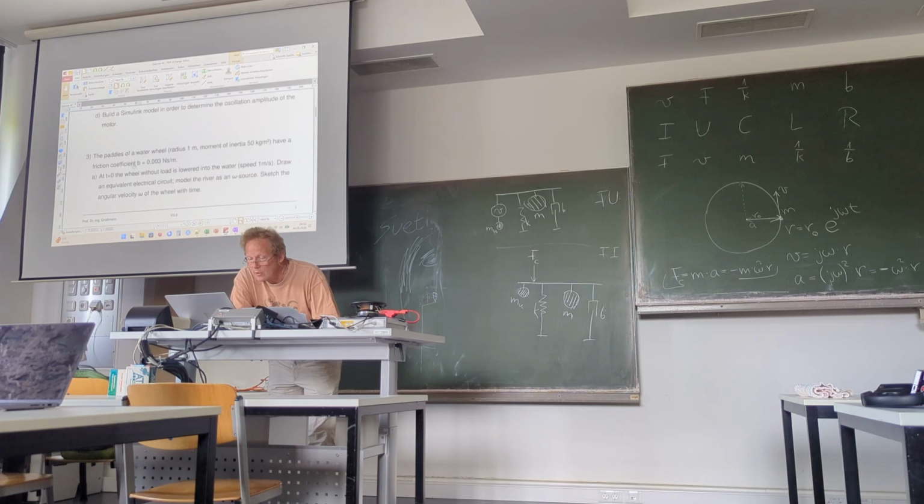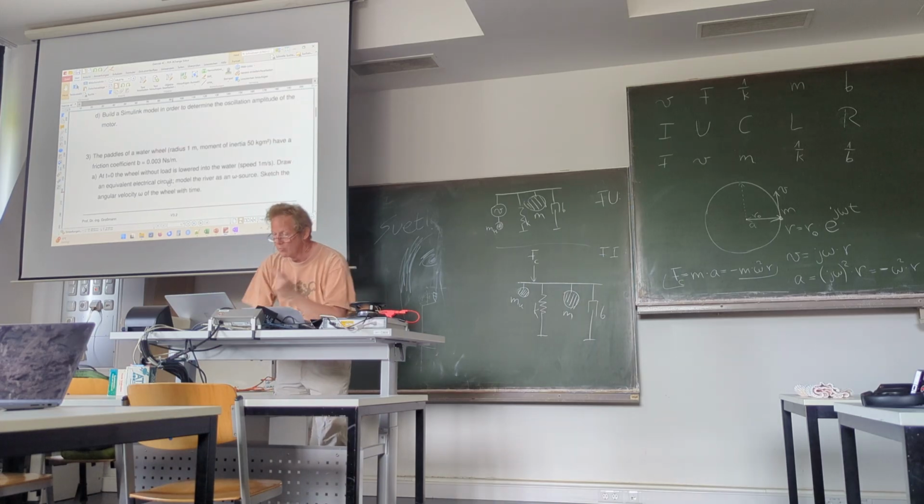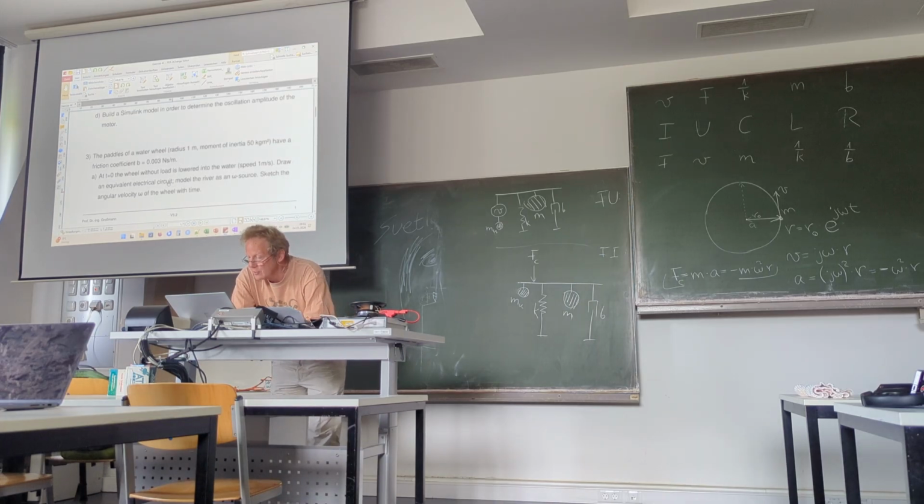It's a damper coefficient actually for linear movements. So we will have to calculate that somehow into rotational movements. There's one step more that we have to do in the calculation.